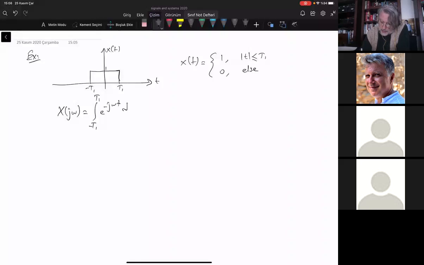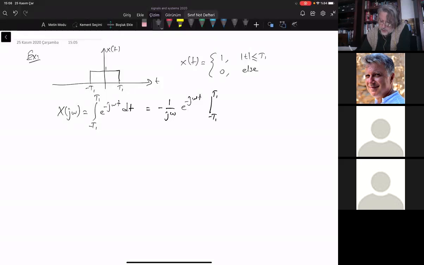times e to the minus j omega t dt. So all you have to do is to write an integral in the form of minus 1 over j omega e to the minus j omega t from minus T1 to T1 or something like this. And when you write it down, that's the place that I'm going to omit.